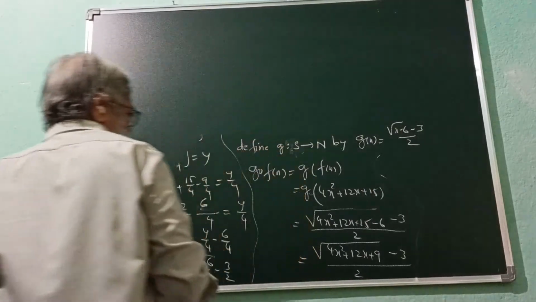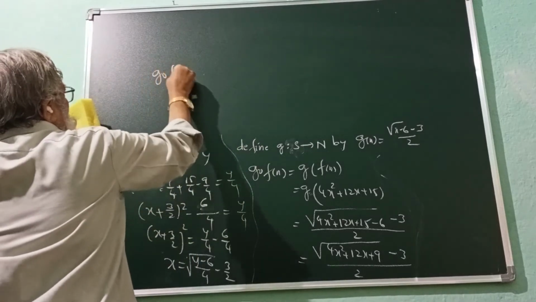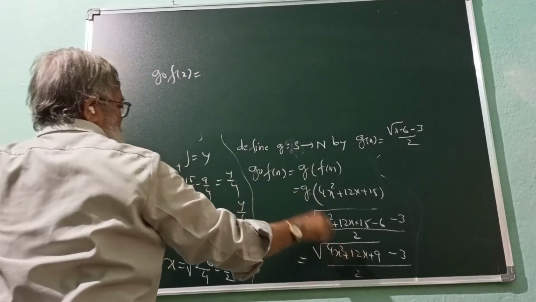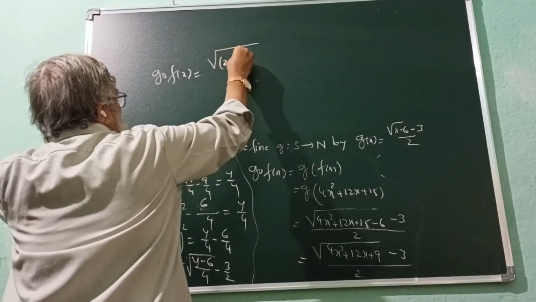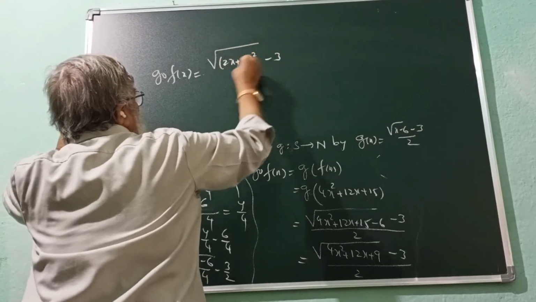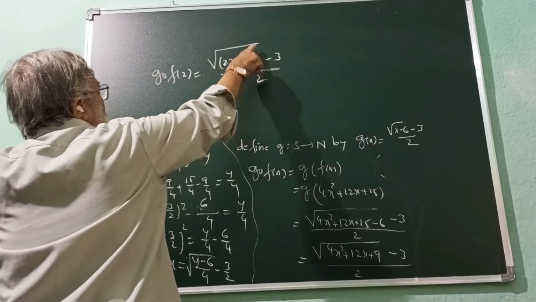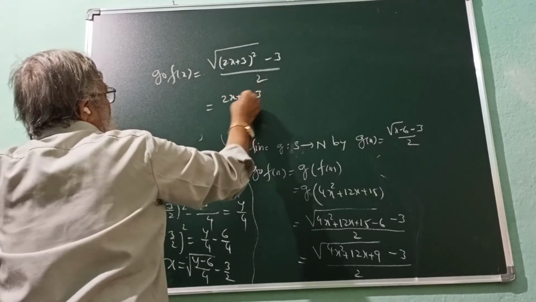The simplification is, we are considering g composition f of x is equal to, here this is a perfect square. You can see it is nothing but (2x plus 3) whole square, minus 3 by 2. Because of the square root, the square will be removed, we get 2x plus 3 minus 3 by 2.